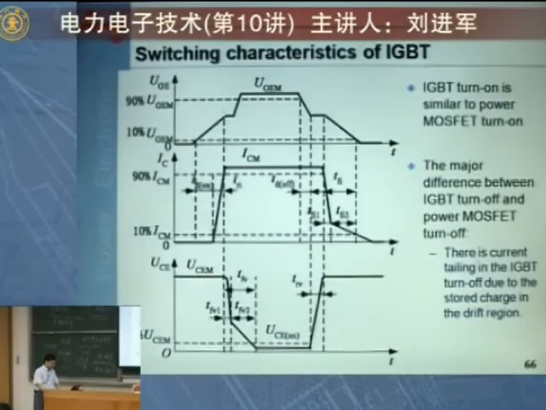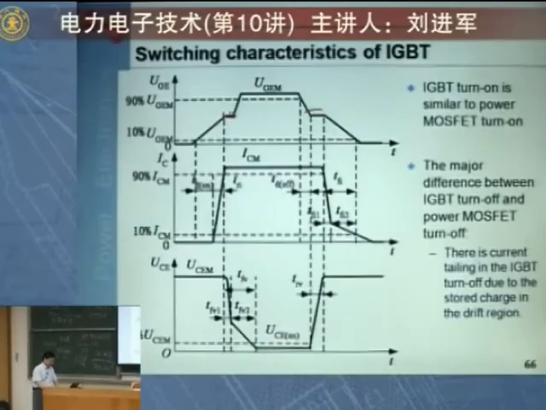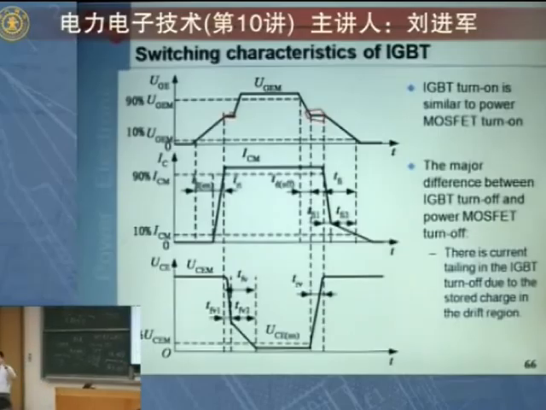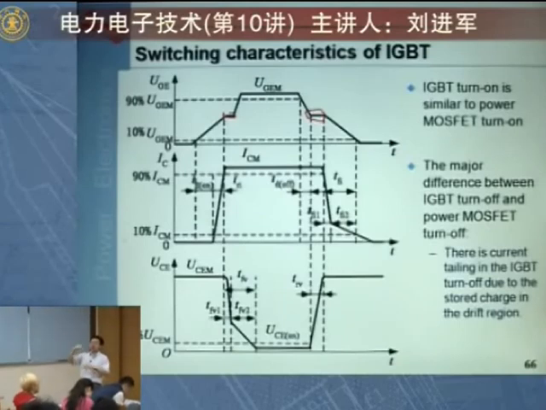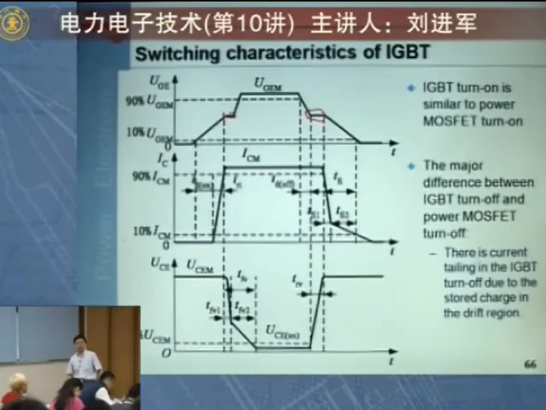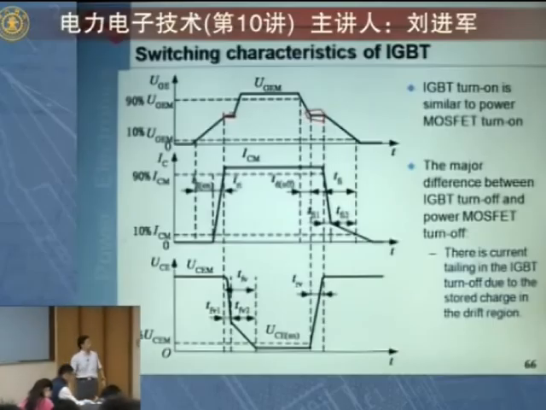Turning on, turning off, also a Miller plateau. That's because of the Miller capacitance, because the IGBT inner structure is similar to MOSFET. So you have this capacitance between gate and collector. Okay?